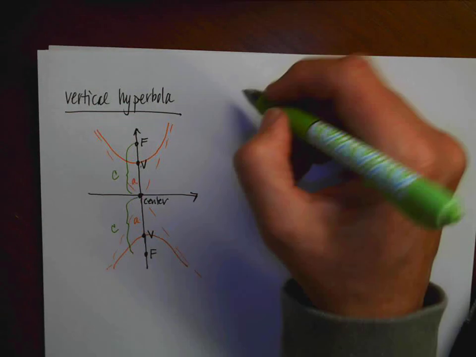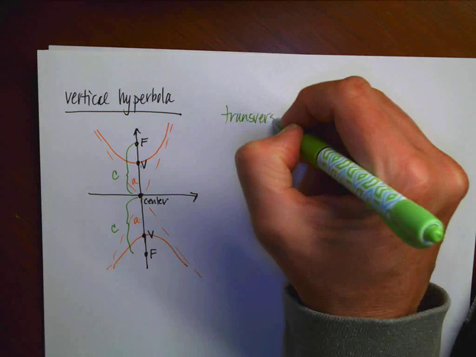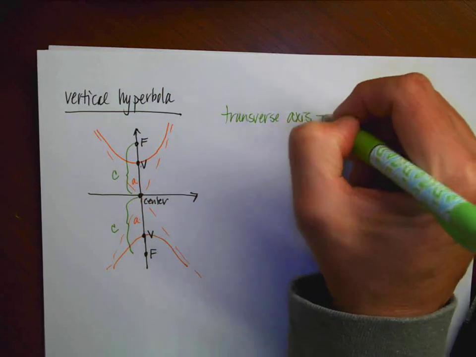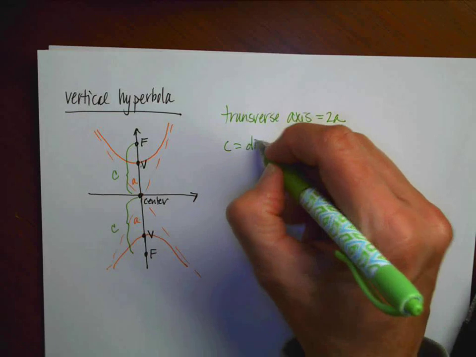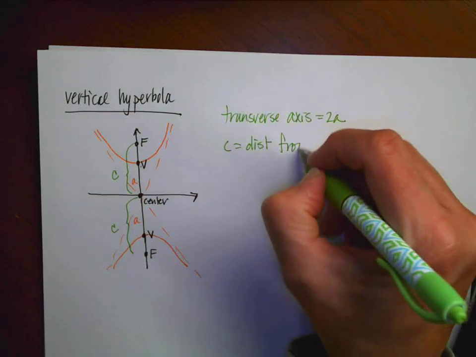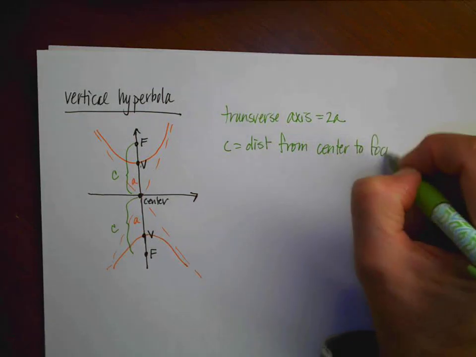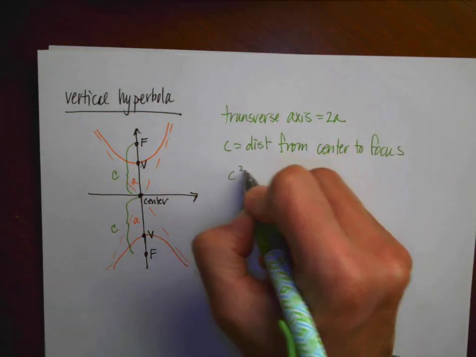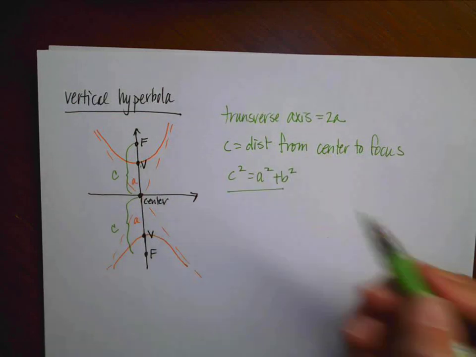My transverse axis is still going to be 2a. I'm still going to have the same little equation, a squared plus b squared.